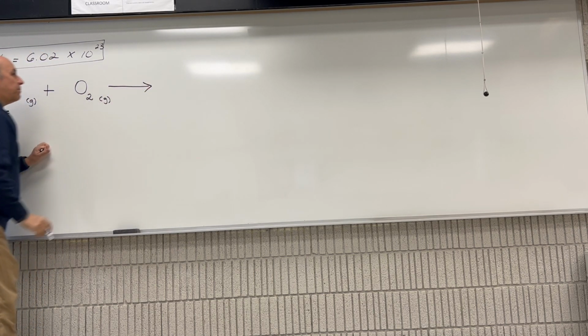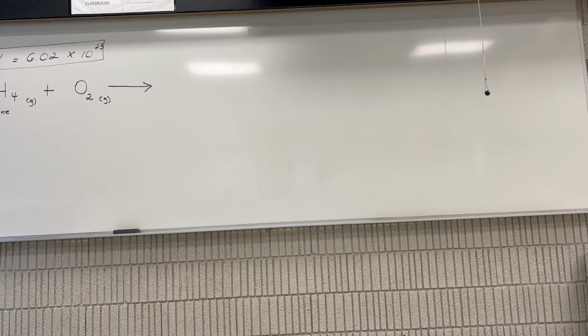So if you apply a certain push for these two to combine, and by that I mean if you, for instance, use a spark, use a match to get the reaction going because it needs an extra push, what happens is that these two combine. We actually call this a combustion.